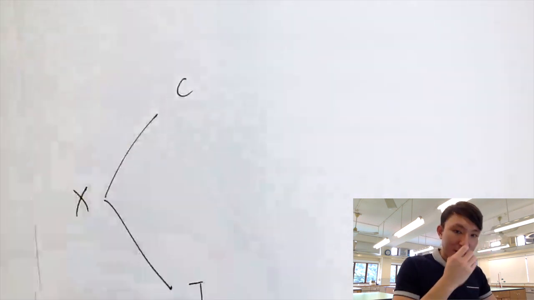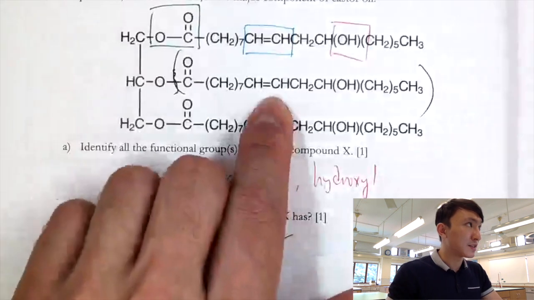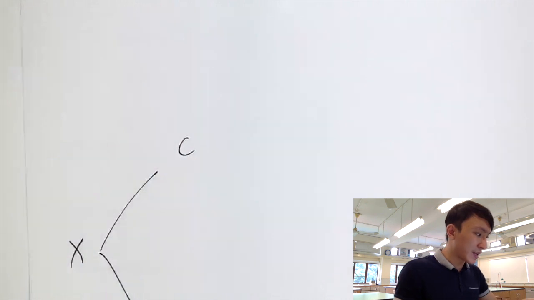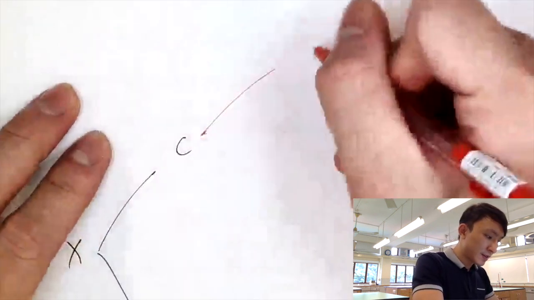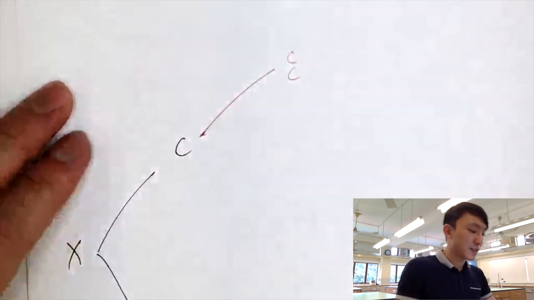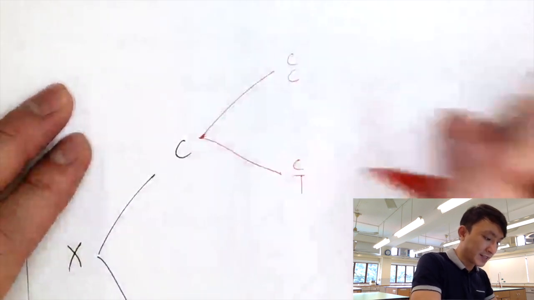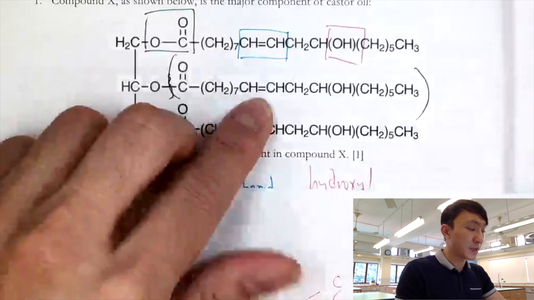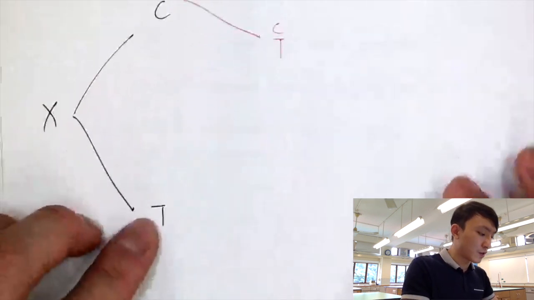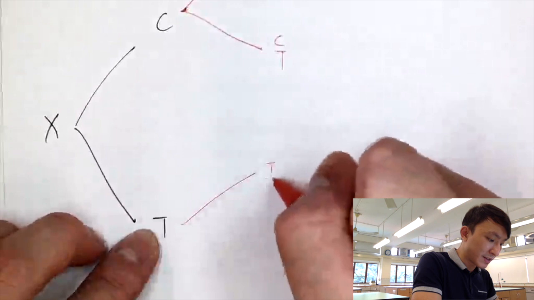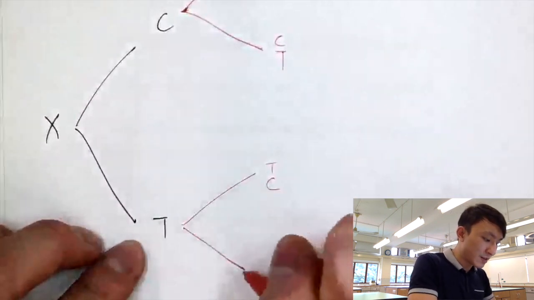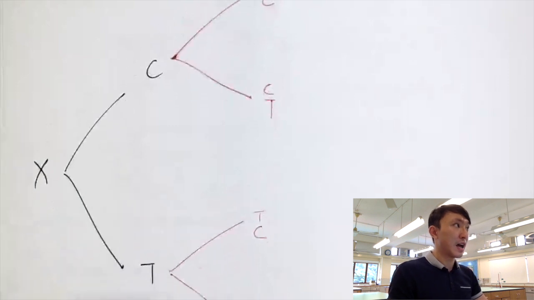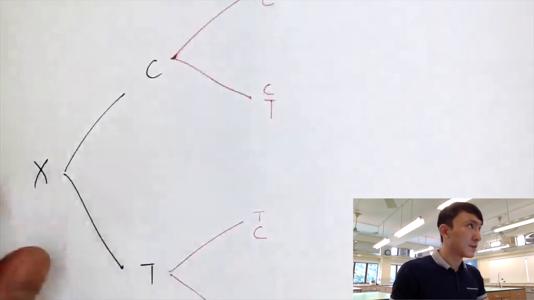And we look at the middle one, this double bond. If the first one is cis, then we can have cis-cis, and we can also have cis-trans. Do you get it? So this one is talking about the middle one. Now, for the first one being trans, the second one can be cis, and the second one can also be trans. So we have 4 combinations.